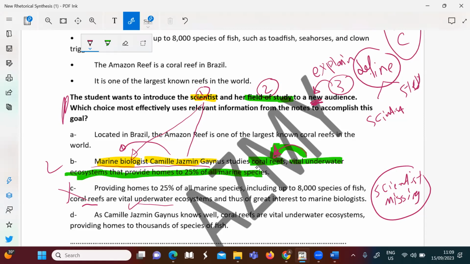So if I want to introduce the coral reefs to a new audience, I need to add a non-essential phrase or non-essential clause to introduce and explain what coral reefs are. Is it clear? Yes, mister.